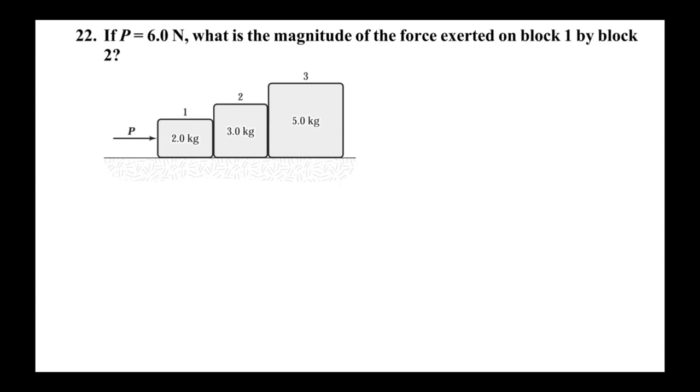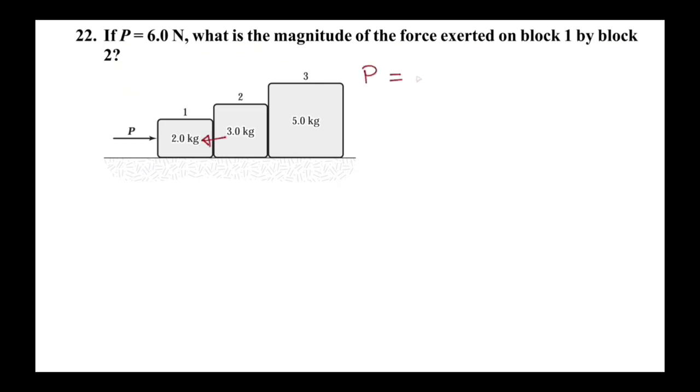If P equals 6 newtons, what is the magnitude of the force exerted on block 1 by block 2? In this case we are looking for the magnitude of the force exerted on block 1 by 2, this one right here.